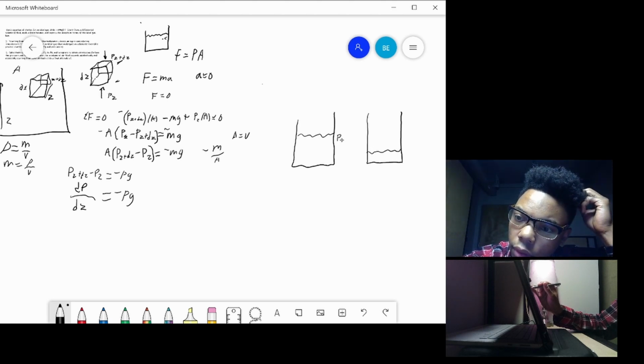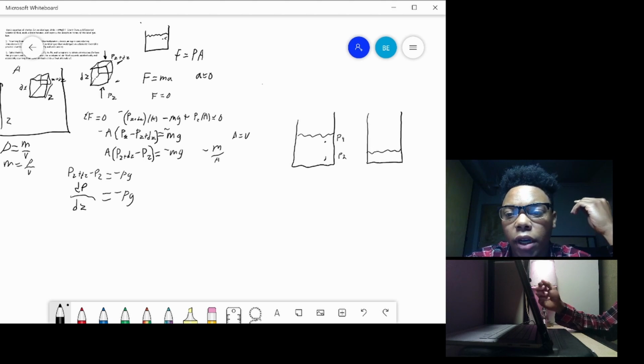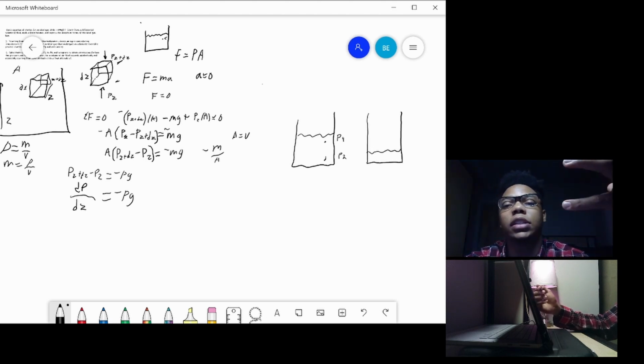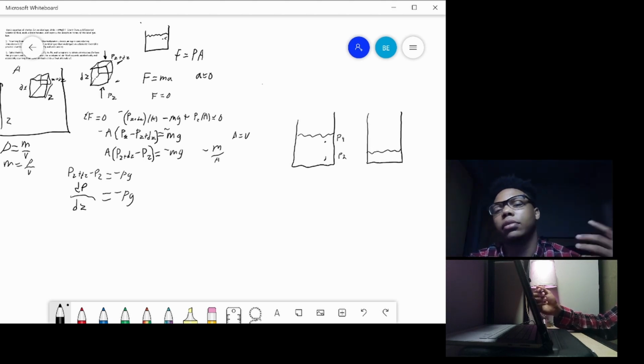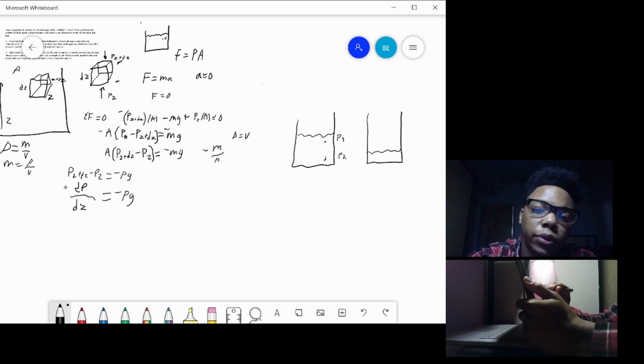We're going to express this as P1, and this is P2. What we're trying to find is the difference in pressures as we move down in height. So right here and right here, we're going to get different pressures and different heights that relate to our equation through the density multiplied by the negative acceleration of gravity. So first, let's do integrals.